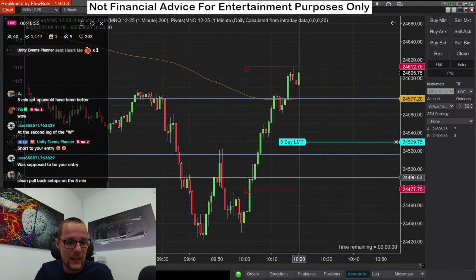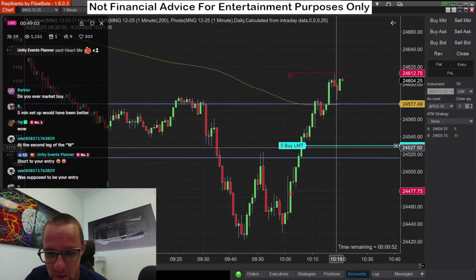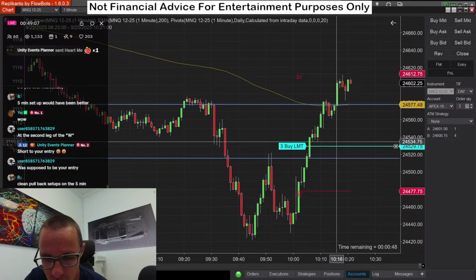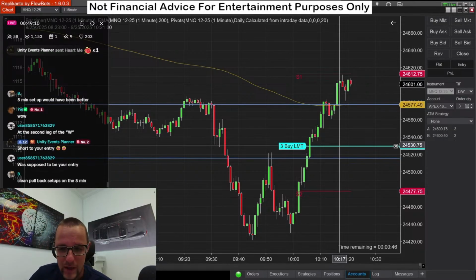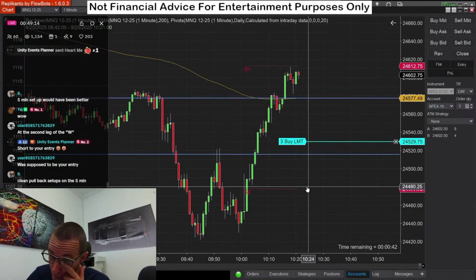And then price just finally leaves, see ya. How hard was it for price to just pull back? Look how close I was. This candle was 5 points away from filling me and just left.